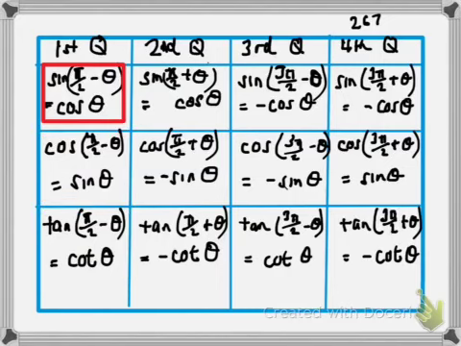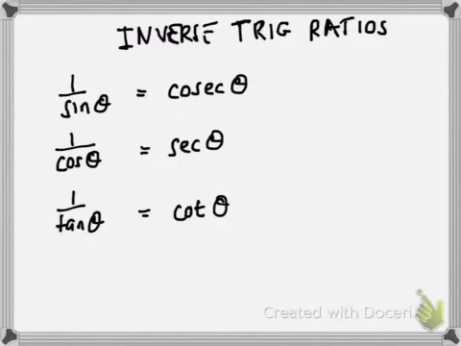I might just pause here for the moment and look at what's called the inverse trig ratios, which you may have seen before. These inverse trig ratios are not a big part of our course, but they do crop up in a couple of places. 1 over sine theta equals cosec theta. 1 over cos theta equals sec theta.